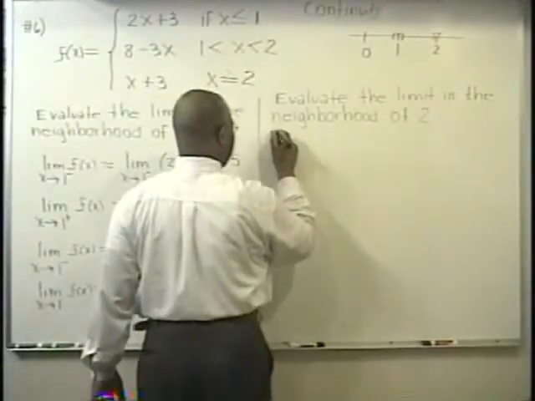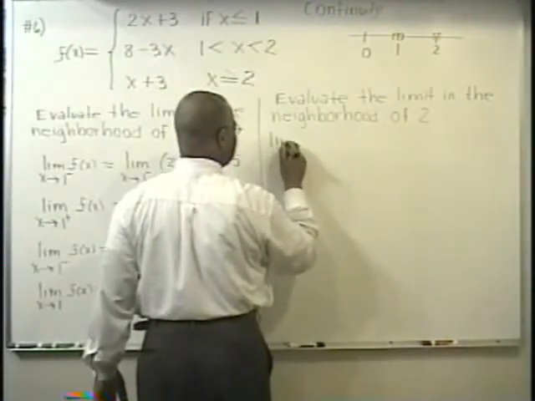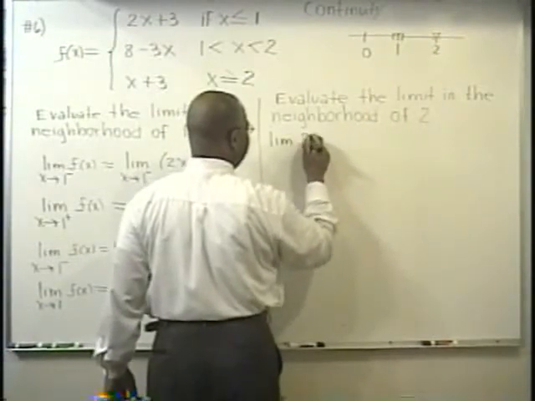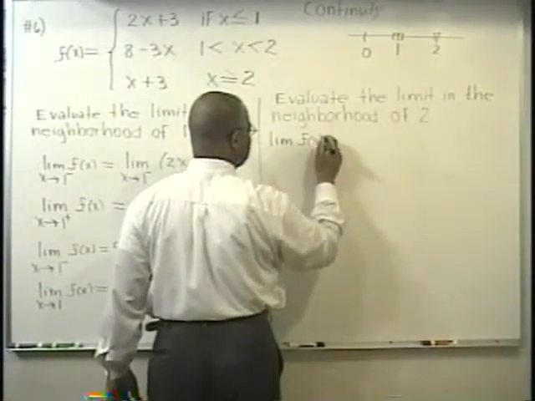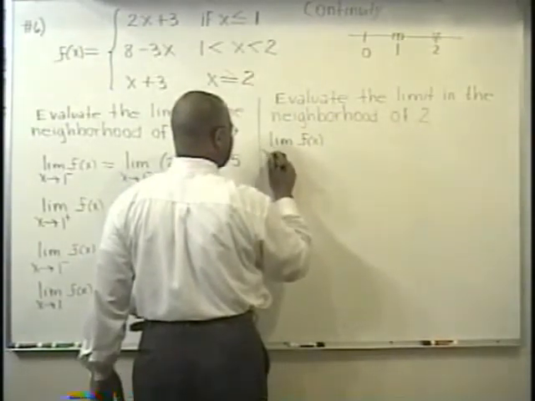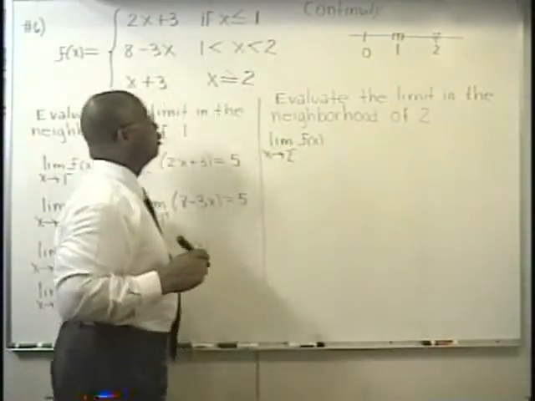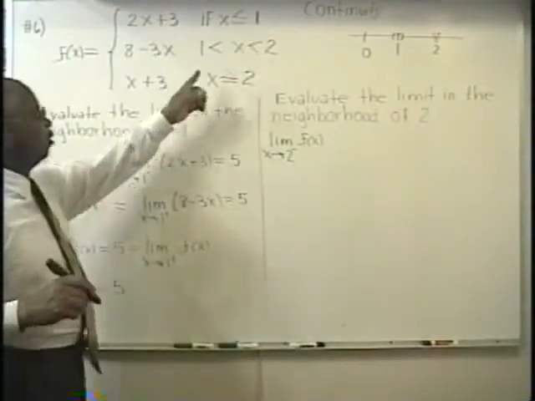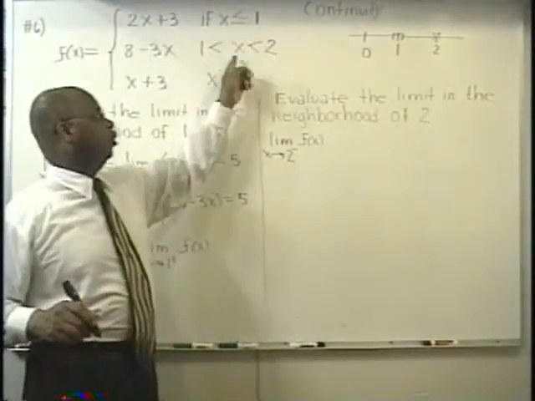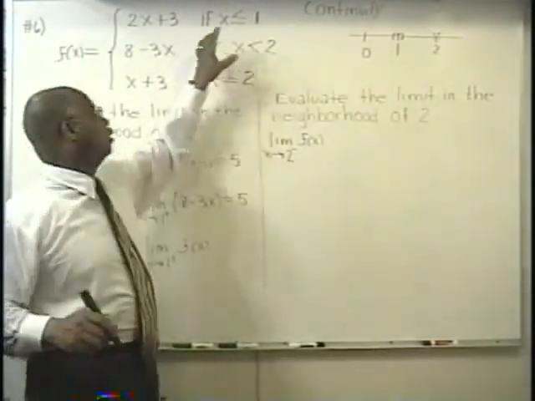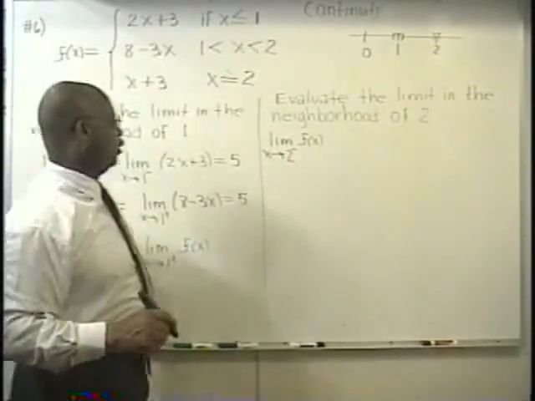So now, the limit of f of x as x approaches 2 from the left. Okay, well, we're going to approach 2 from the left. That's in this interval here. We're approaching 2 from the left. That tells us we have to use this.